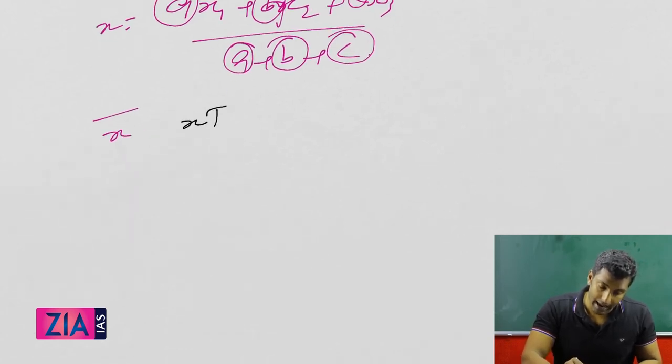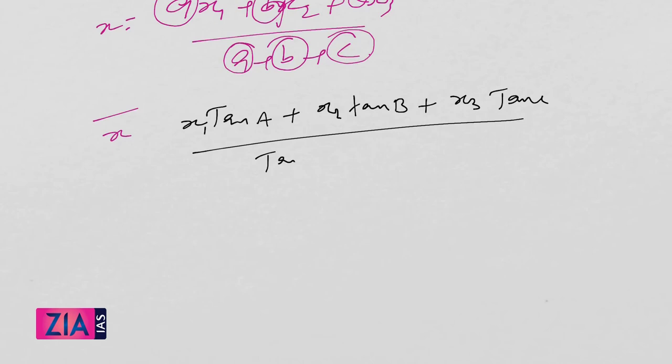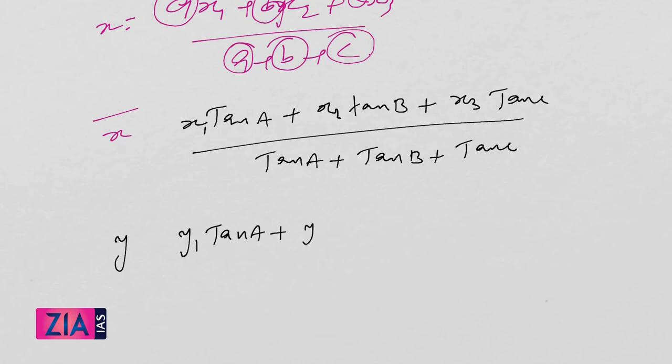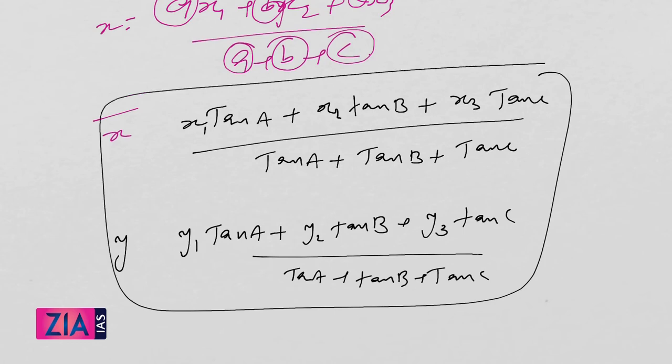That is x1 tan A plus x2 tan B plus x3 tan C divided by tan A plus tan B plus tan C. Similarly, the y coordinate will be y1 tan A plus y2 tan B plus y3 tan C divided by tan A plus tan B plus tan C. Okay, so this is your orthocenter and these are the coordinates x and y. I hope this is clear for all of you.